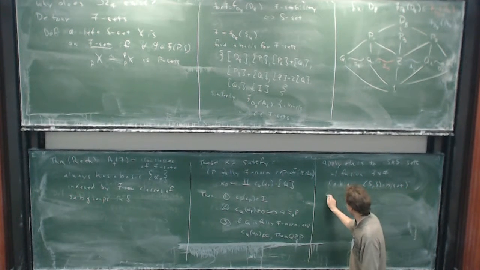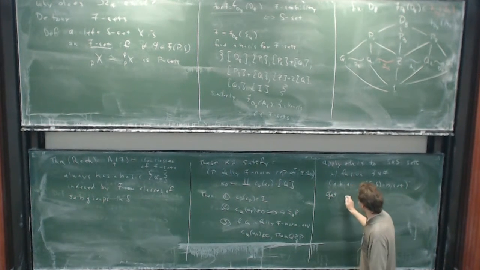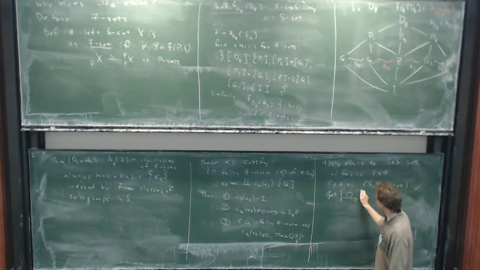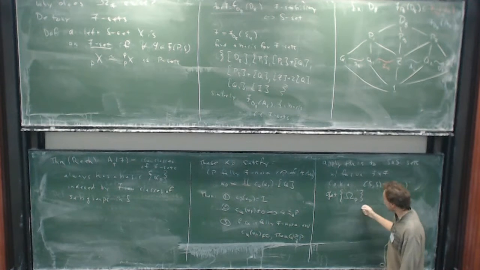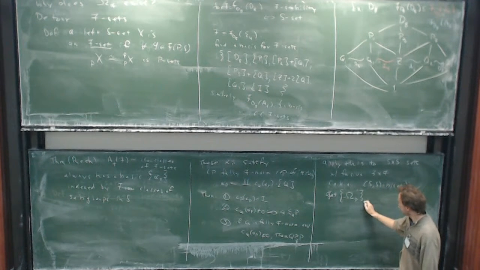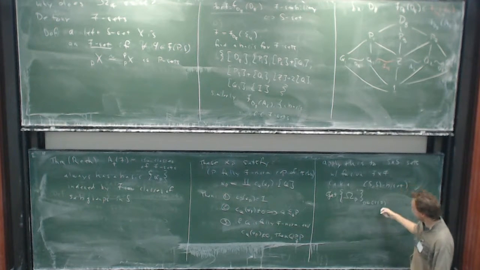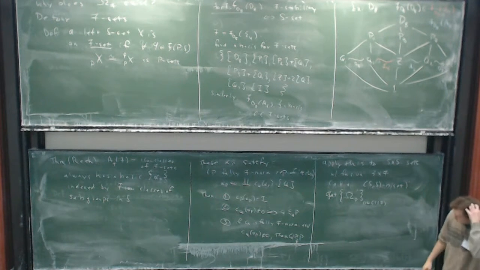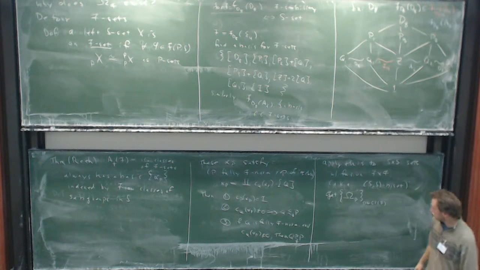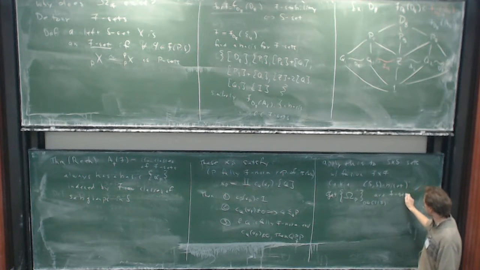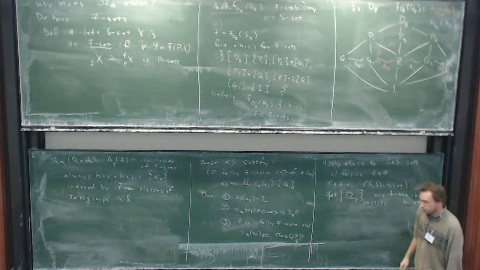So we get, at the end of the day, a collection of guys I'm calling omega_P, where P ranges over the conjugacy classes of the F-conjugacy subgroups of S, that are F-semi-characteristic bisets.